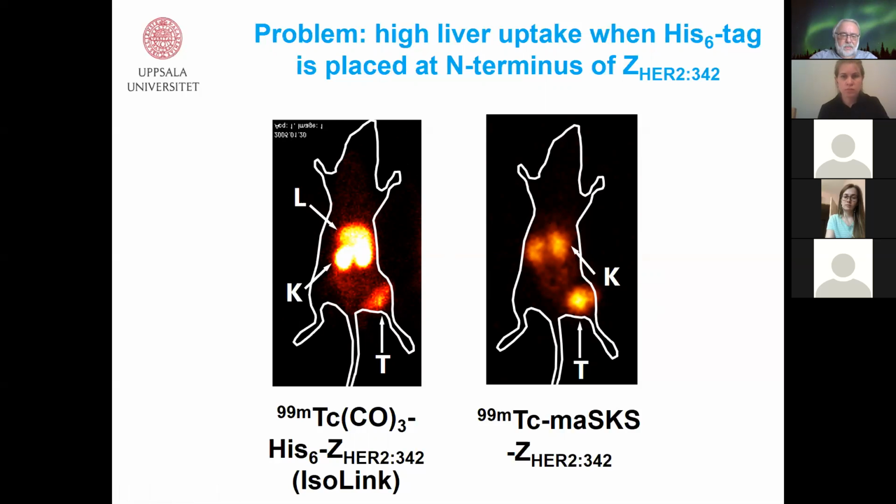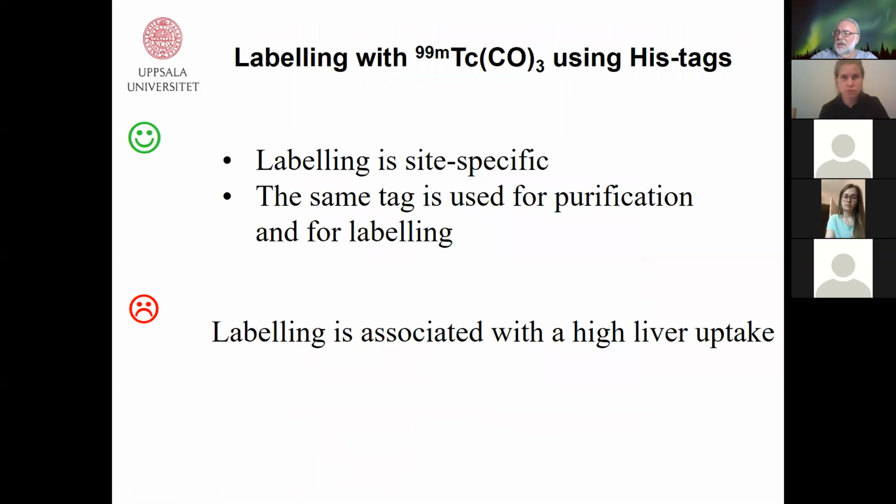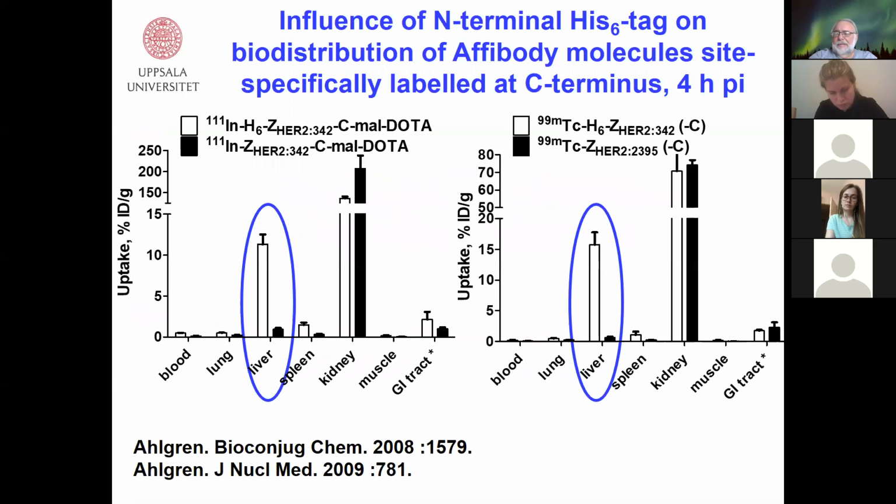And later on, we formulated that it's nice, it's site-specific labeling, so we know where in our protein is the label. The same tag is used for purification and for labeling. So very often you have already this tag during your purification step, and then you just use it. But high liver uptake was undesirable, and we put it aside.